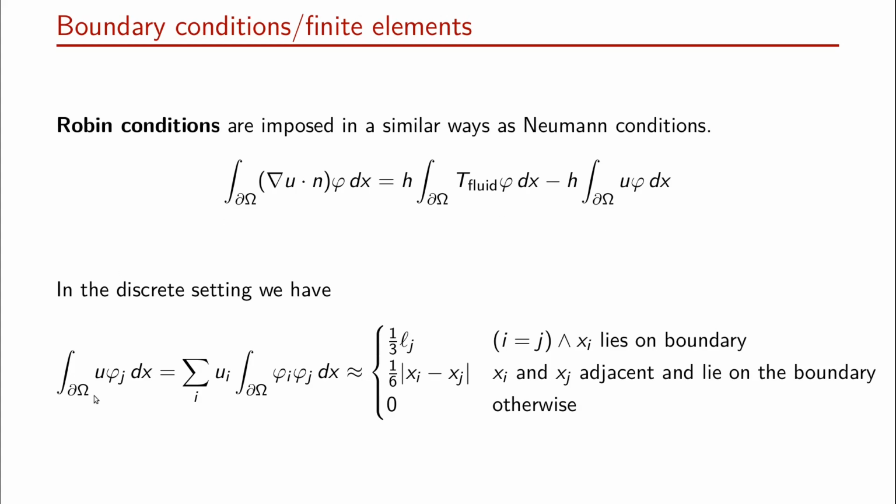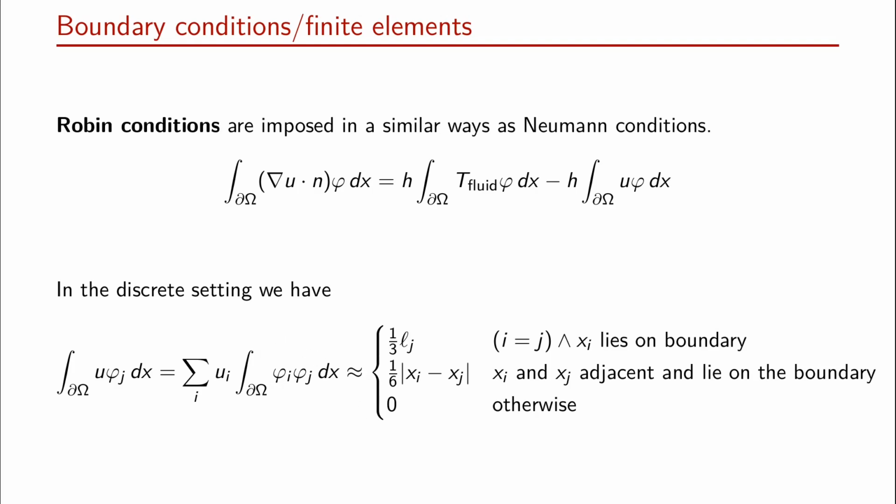So we have the integral over the boundary of the solution times the test function. We take the solution as we have always done and expand it in the basis functions. Then we get this: an integral over the boundary of the basis function phi i times phi j, and now we basically have to evaluate this integral.